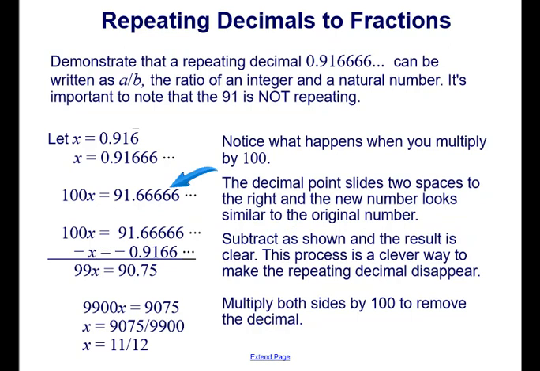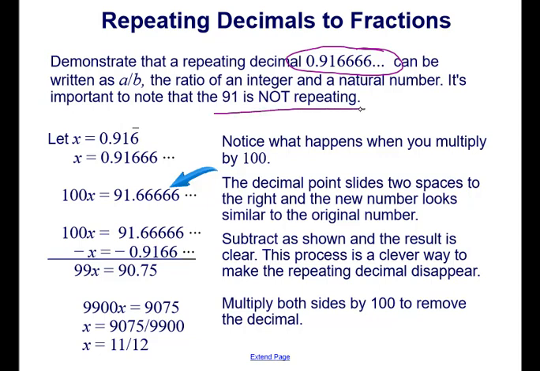Now here's a different example where we actually have to multiply by 100. Here we're demonstrating that we have the repeating decimal of 0.9166666. So now we want to show that that can be written as the ratio of an integer and a natural number. But it's important to note that now two digits are not repeating. The 9 and the 1 are both not repeating.